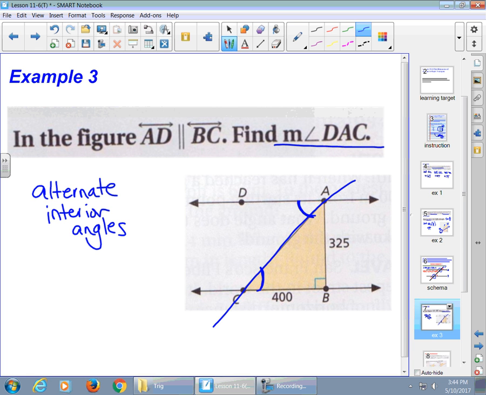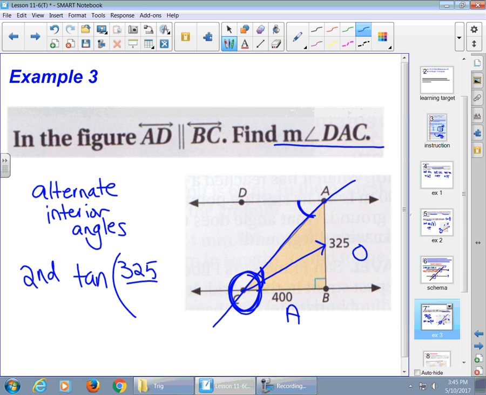So I'm actually going to use angle C as my reference angle. If I look at angle C as my reference angle, I notice that I have what is opposite and what is adjacent. And the trig ratio that uses opposite and adjacent is tangent. So I'm going to use inverse tan. So you're going to do second tan, and opposite is 325 over adjacent is 400.